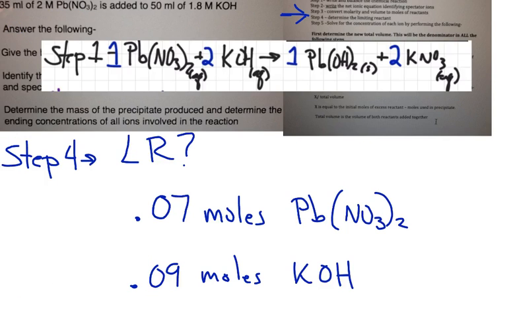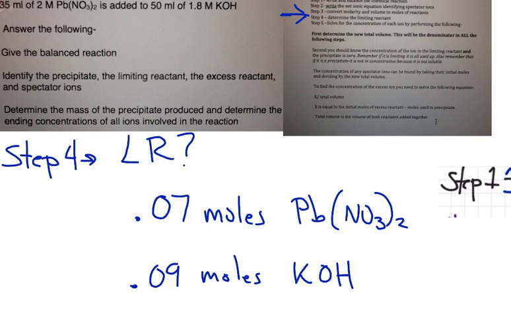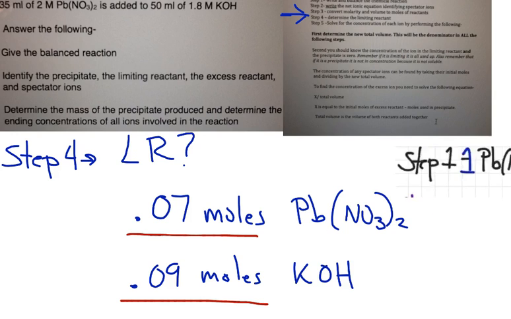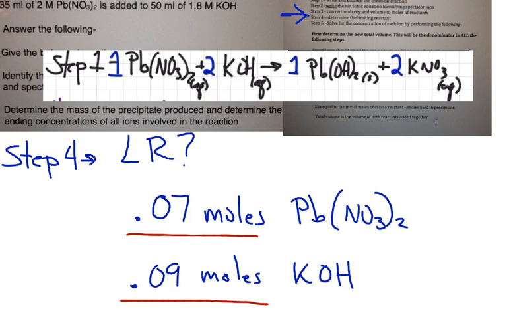All right, step 4. This is kind of ugly. Let me move this over for a minute. Step 4 says determine the limiting reactant. So here we go. We solved previously, in the previous slide, for the amount of moles of both of these reactants. Now all we need to do is take the balanced chemical equation, and I just stole this from step 1. I hope that that's okay.